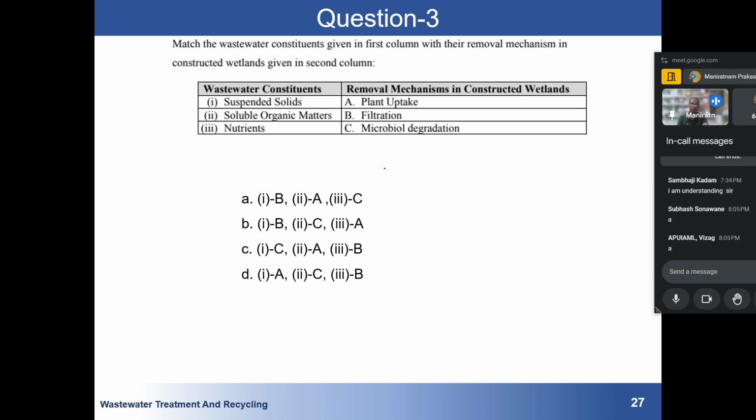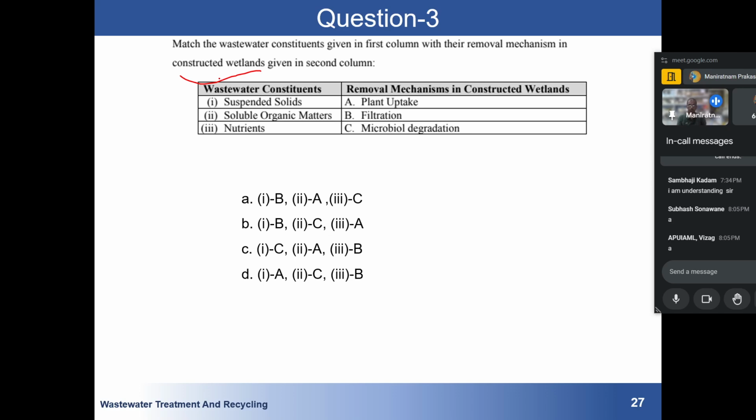Try to match the following. Again, this is a question related to constructed wetlands. How are suspended solids removed, how is organic matter removed, how are nutrients removed? This is not just related to constructed wetlands, it is a generalized process, so try to answer in that way.